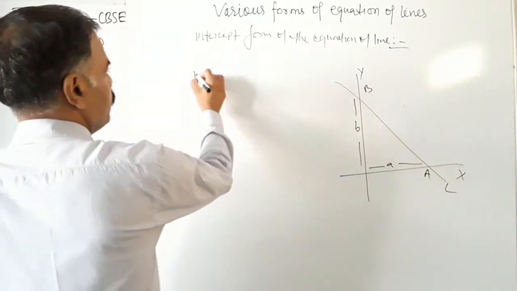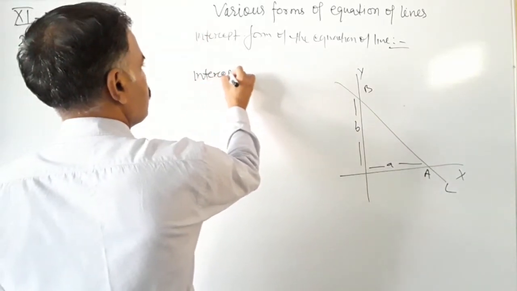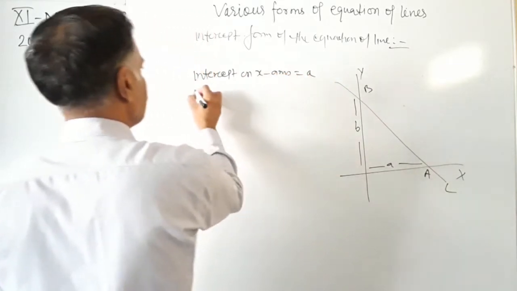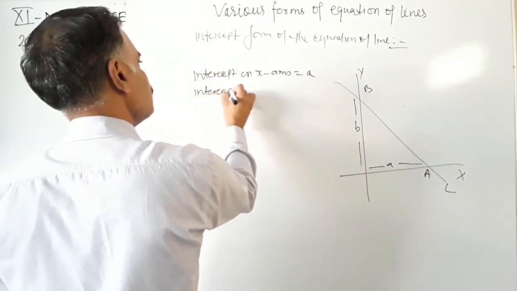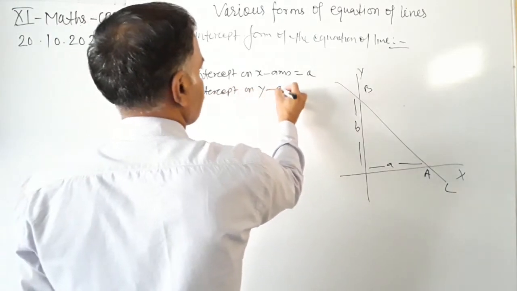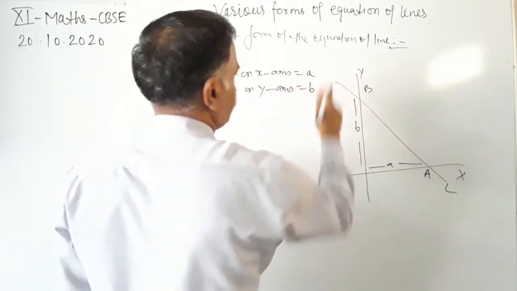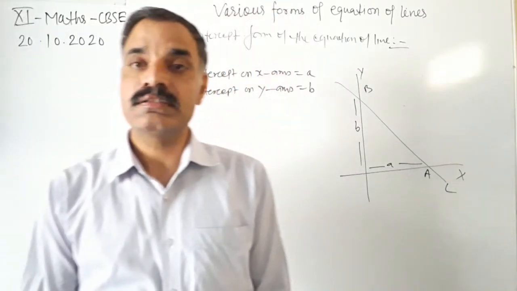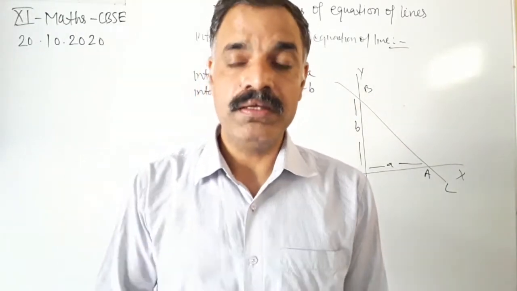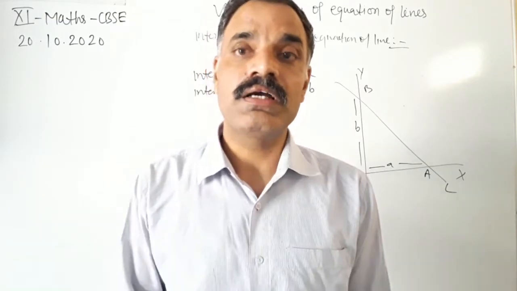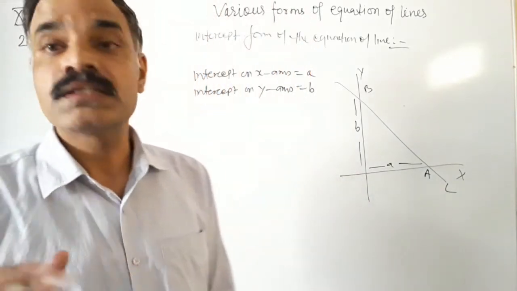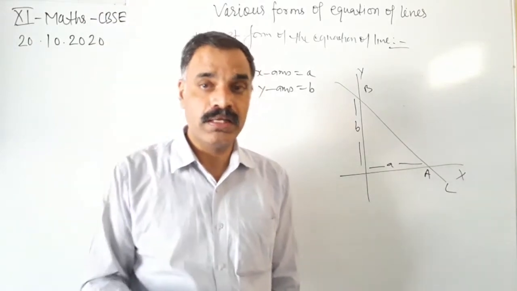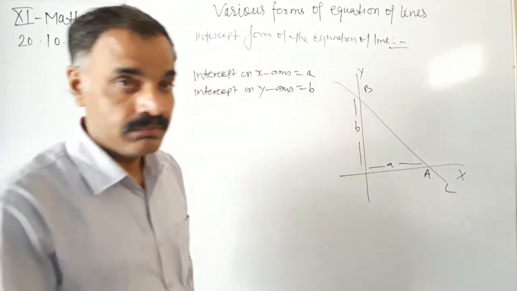So intercept on the x-axis is a, intercept on the y-axis is b, respectively. So we can find the coordinates of point A and point B.